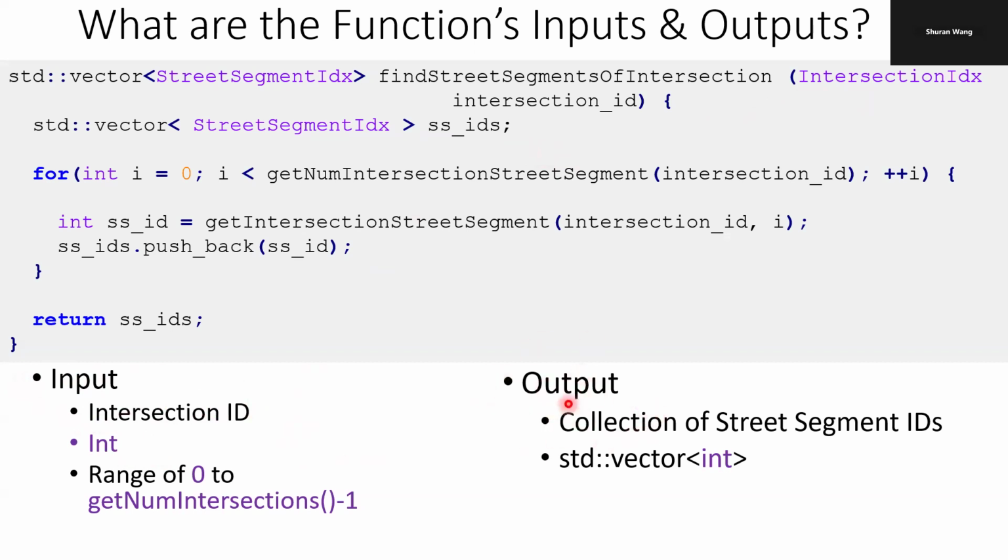The output is the collection of street segment IDs as a vector of int. So we want something that takes in as input an integer that's of a continuous range starting at 0 and outputs a vector.